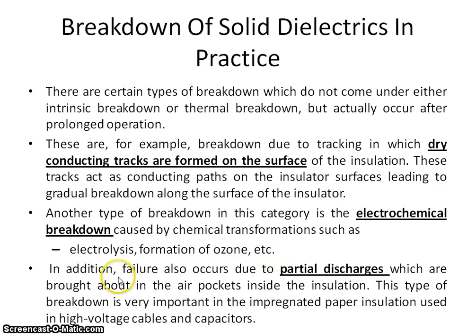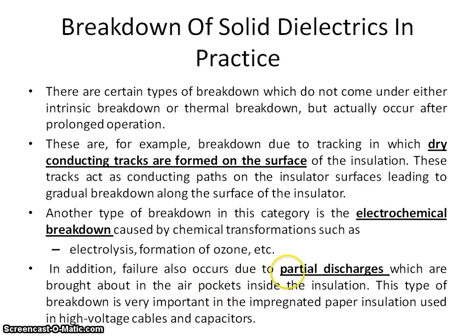In addition, failure also occurs due to partial discharge brought about in the air pockets inside the insulating material. We know that in insulating material air pockets are there. In these air pockets a partial discharge is produced, and the air inside the pocket will discharge first and produce sparking.